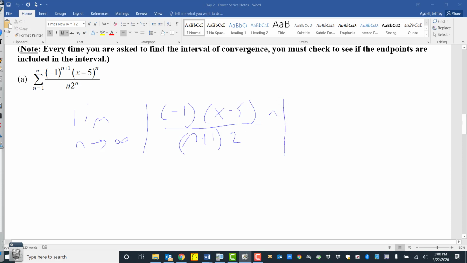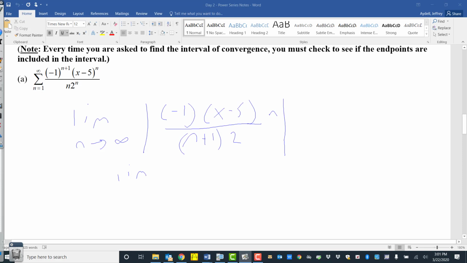And now we need to find the limit of this as it goes to infinity. Now you would think this looks a little nasty because we have x and we have n and we have all these numbers, but some things really simplify out for us. This -1 is on the inside of the absolute value, so that's going to just go away. We could pull that out and make it go away.